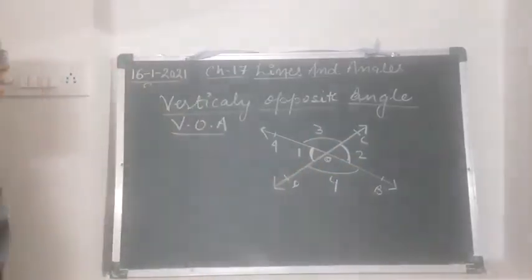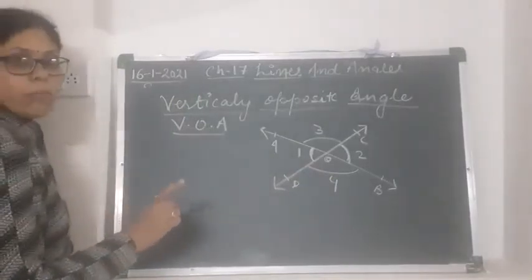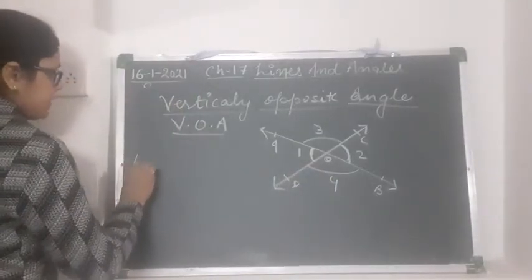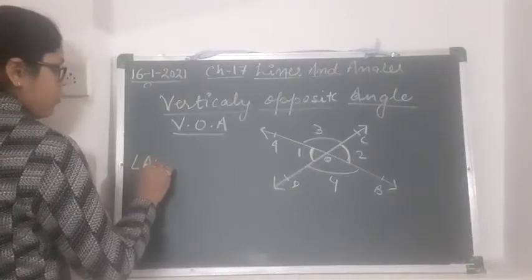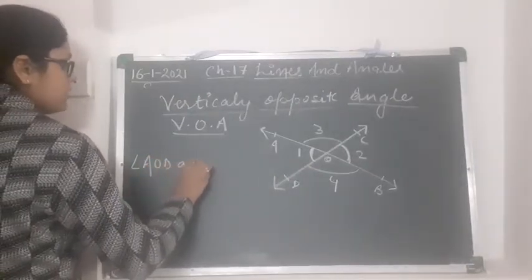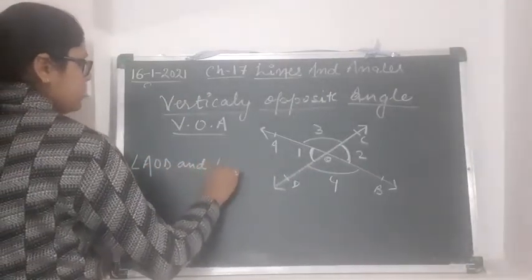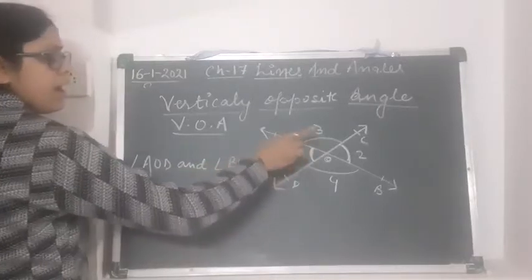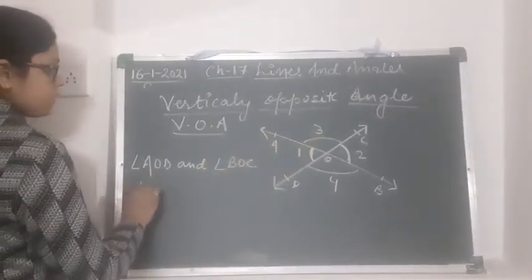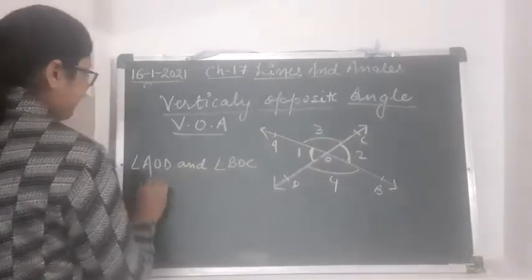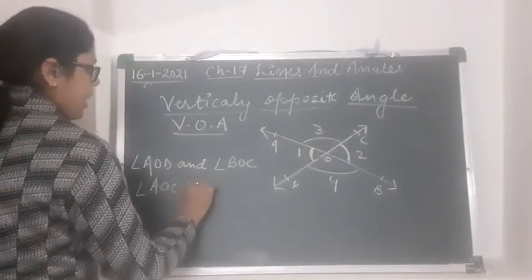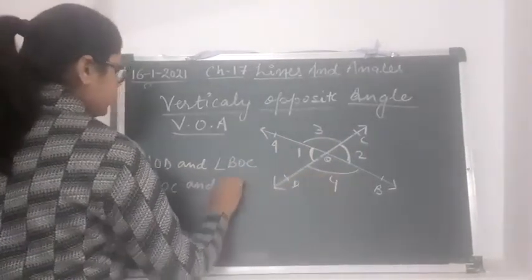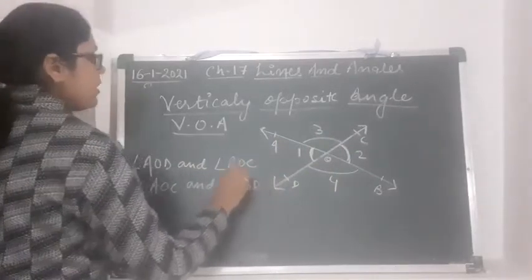So you can see the pairs of opposite angles: AOD and BOC are forming one pair, and AOC and BOD are forming another pair.